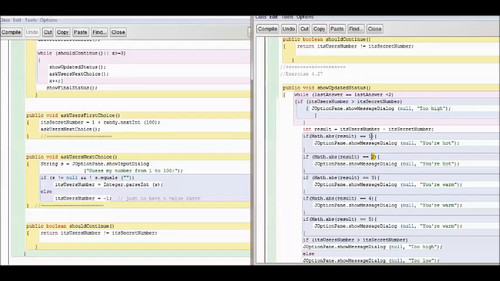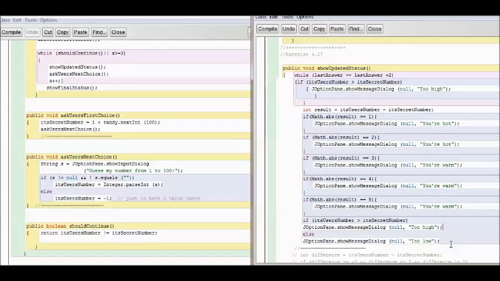So I put in the respective you're hot, you're warm. And then, of course, if it's greater than that, you're too high, and otherwise, you're too low. This is how I just figured it out, okay? So you're giving him a couple of options there.